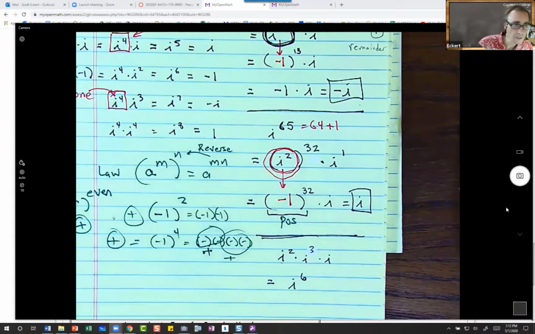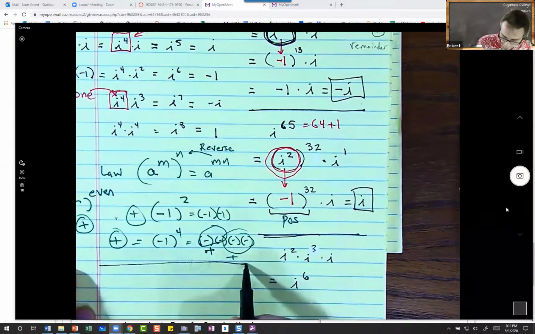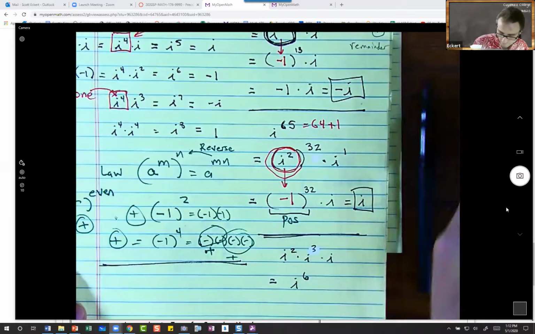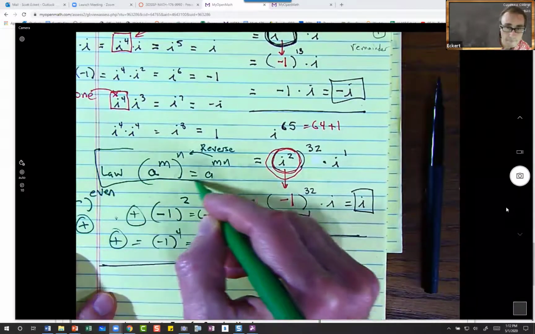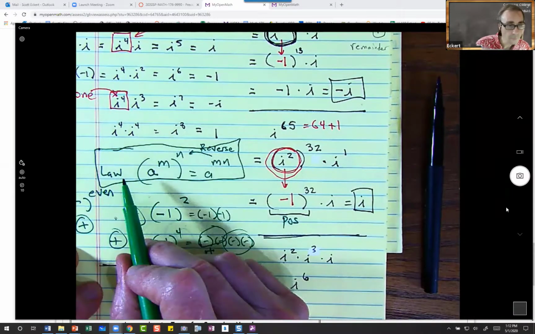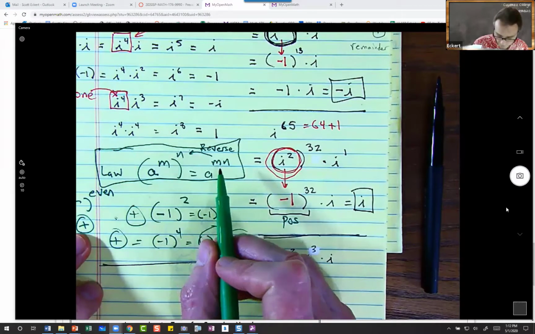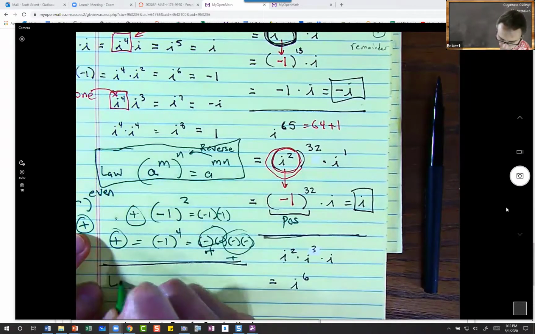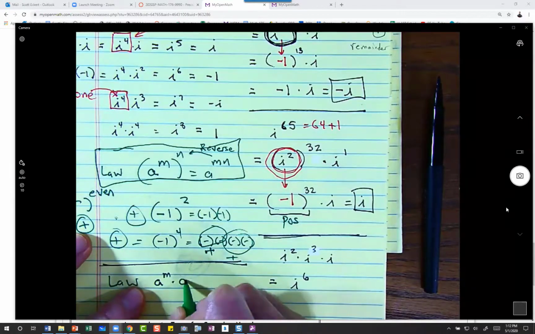Do you guys know how Christy got that so fast? So we have these exponent laws, a power on a power. You multiply the powers. Here's another law. A to the n times a to the n.